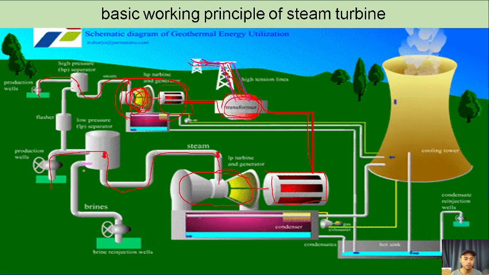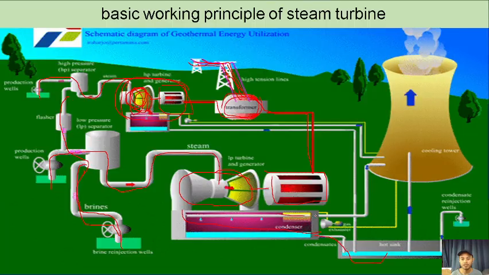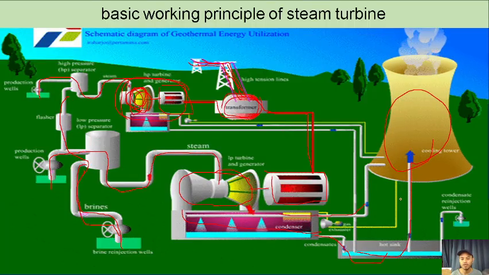Okay, and the water that we don't really use anymore, or the steam we don't use, we put it to a cooling tower and let it cool down back to water, and that water will be sprayed back around the volcano. So that's how steam turbines work.